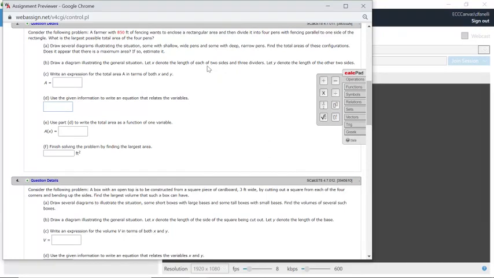In this example, the constraint is the amount of fencing that is required. But this fencing is not all incorporated into the outer boundaries of the larger rectangle. Some of it is going to be used to divide it up into those 4 pens. So you would need to determine how many lengths and how many widths are actually required to construct this whole rectangular region.